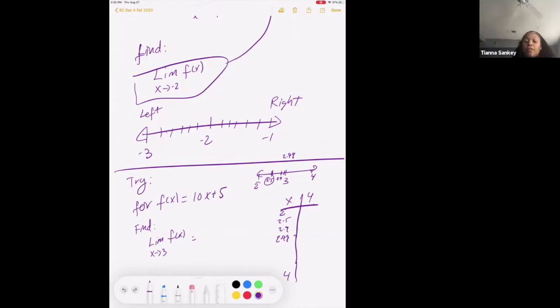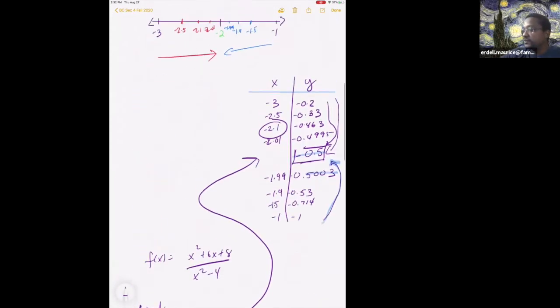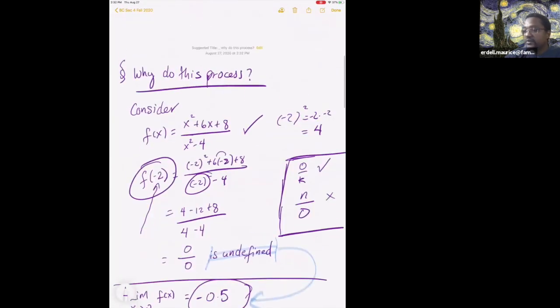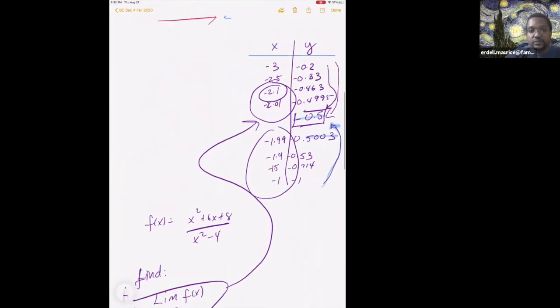Yes, on that side. On the other side, it would be 0.1 and 0.01 and 0.001. So you see right here how it's 0.9, then 0.99, then 0.999. On the other side, it'll be 0.1, then 0.01, then 0.001, and so forth and so on.